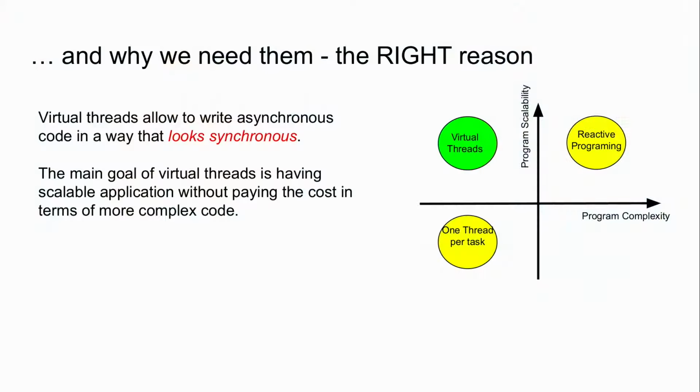With virtual threads, we have exactly the same feature. It is exactly the same feature provided by reactive programming, but without paying the cost of the complexity of the nested lambdas and callbacks, or the truncated stack from which we cannot understand where the problem is, and so on. Okay, so what I'm saying is that if there is one thing that virtual threads are good at, it is just waiting.